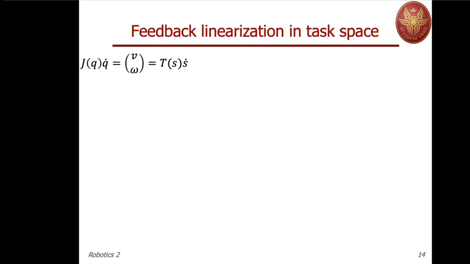So, how do we design the feedback linearization in the task space? This is subtle, but then straightforward. First of all, you start from the kinematics, as usual. You describe the linear and angular velocity on one side from the robot side, using the Jacobian of the robot and its joint velocity q dot. But on the other side, you describe the same velocity as those that the type of contact allows to exist, so the feasible motion, described by T(s) times s dot.